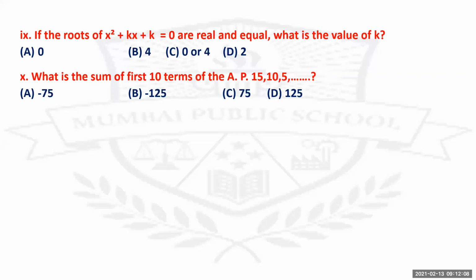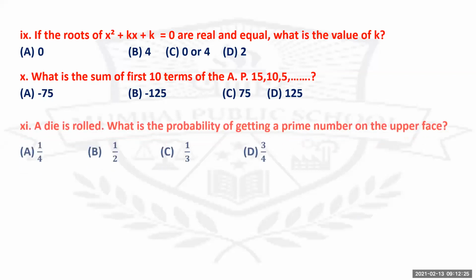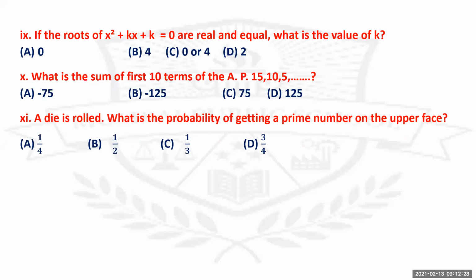You've got A as 15 and D as minus 5. So you just substitute those values and you're going to get the answer. Whatever the answer is, you have to find it out. I'm not going to solve that question now.